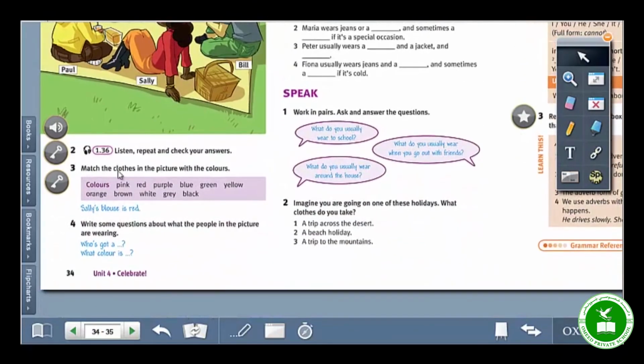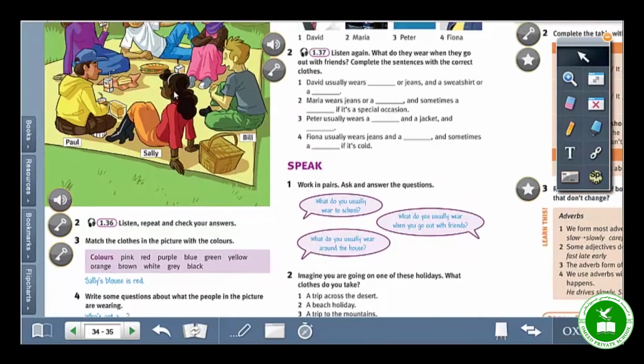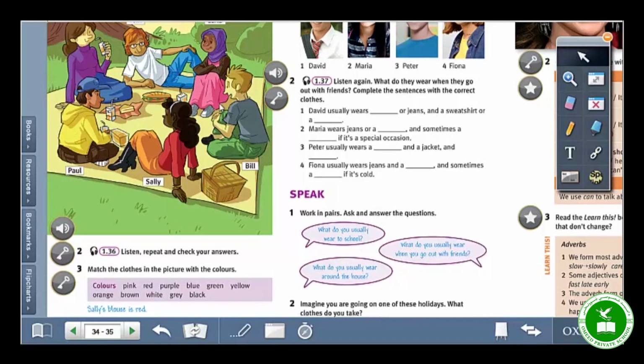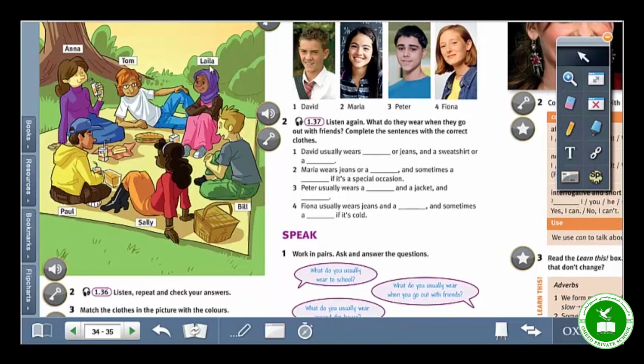Okay, match the clothes in the picture with the colors. Okay, for example, Sally's blouse is red. Okay, so it's red blouse, we can say. Okay, pink, you can say Lila's dress is pink.